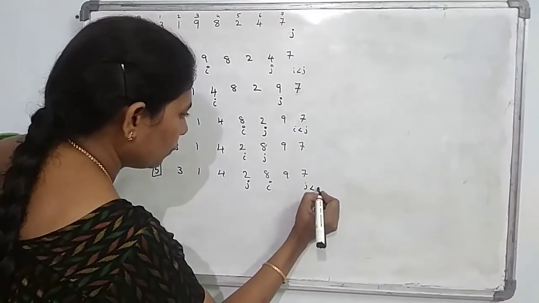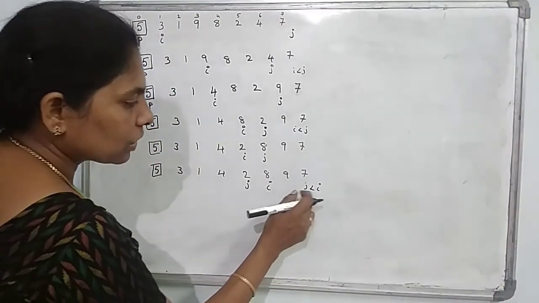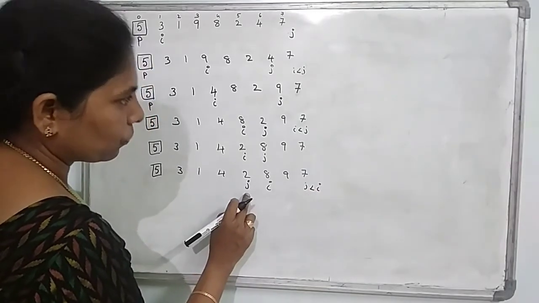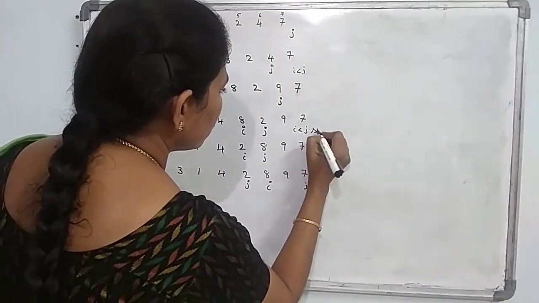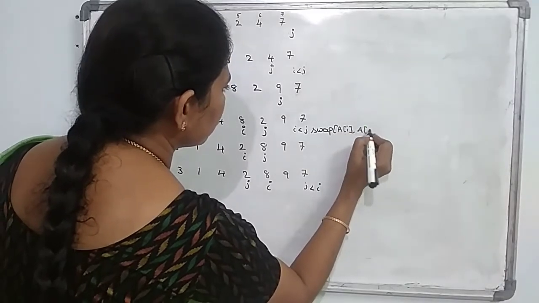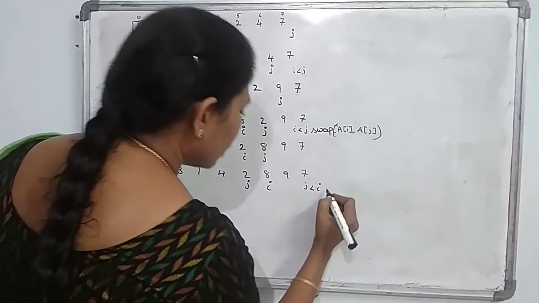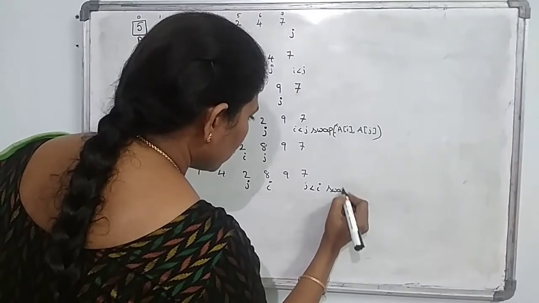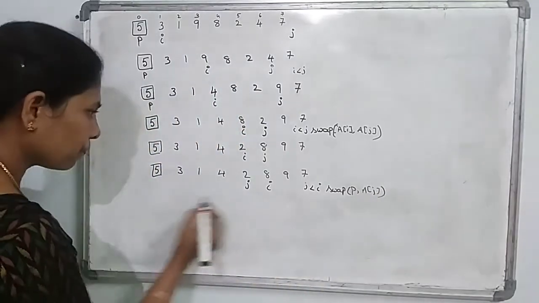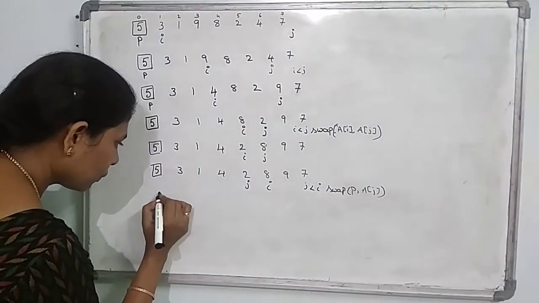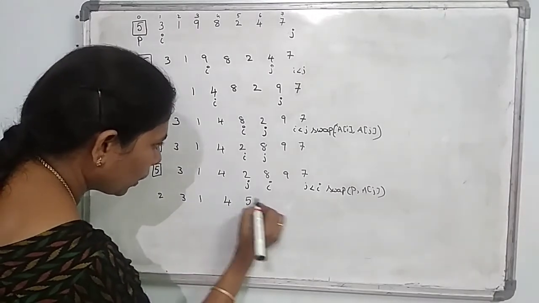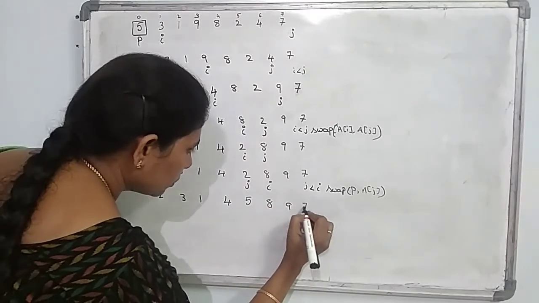In that J is less than I. So whenever you are having J less than I, then you can swap the pivot element with A of J. So in that you can apply the swap of A of I comma A of J. In that you can apply the swap of pivot comma A of J. That means 2, 3, 1, 4, 5, 8, 9, 7.